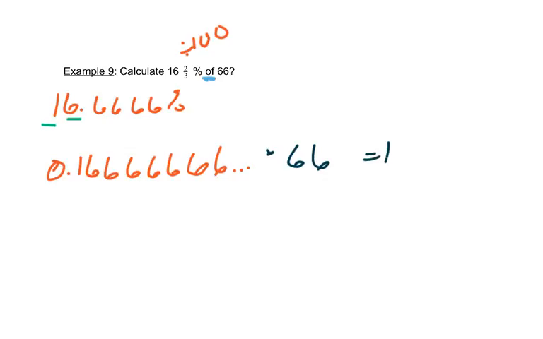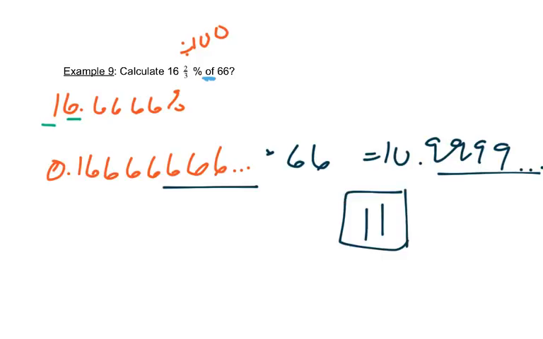And that gives us 10.9999. And now we need to do some interpreting. Here, we couldn't really put all the sixes because they go on forever. So these 9s, even though your calculator may show something different at the end, they really go on forever. And so the actual answer here is 11. And we can see that directly if we did the work with fractions, it would come out as 11 exactly. Because this isn't exact, this isn't exact.